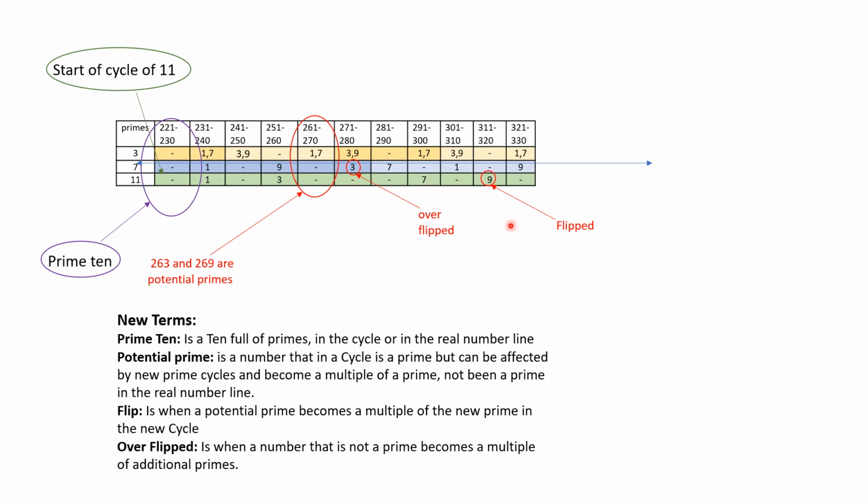So we say that it's being flipped. Overflip is here, when another cycle of another prime comes. In the cycle of 3, it was already flipped, but now the cycle of 7 comes, and it's overflipped, because that's repeating, and that will be important for later.